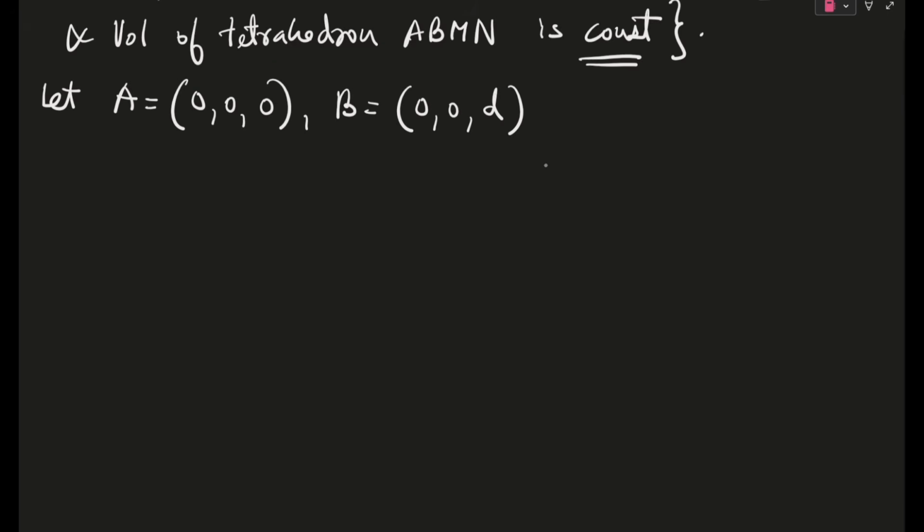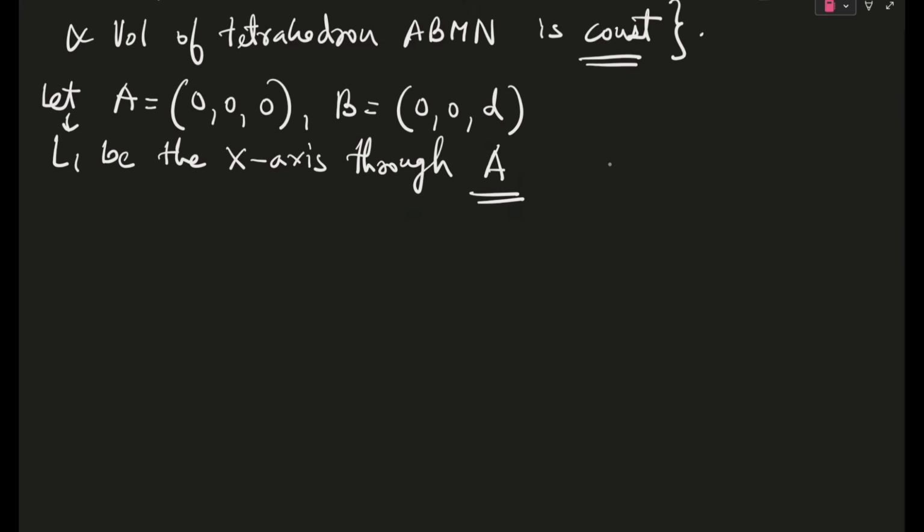We are letting L1 be the x-axis through A. This might seem a little boring, that I am writing so many statements, but believe me, this question is a bit complicated. If I don't write, you won't get it inside your brains.